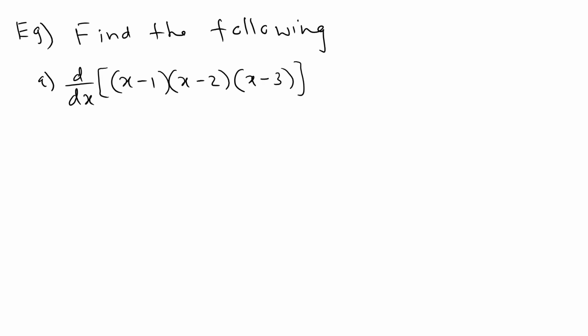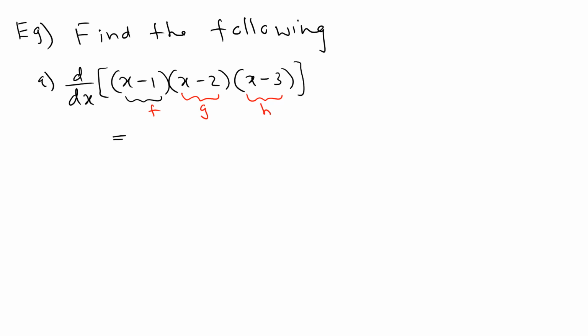So we have, find the following. Let's say the first one is we try to find the derivative of (x minus 1)(x minus 2)(x minus 3). If we use the three-function version, we have three functions here, f, g, h.